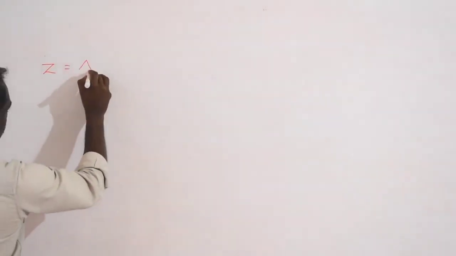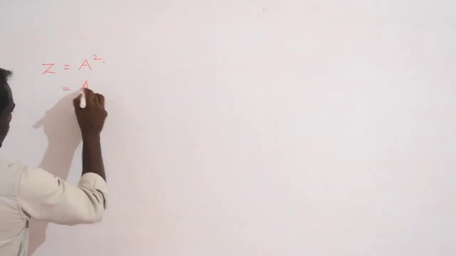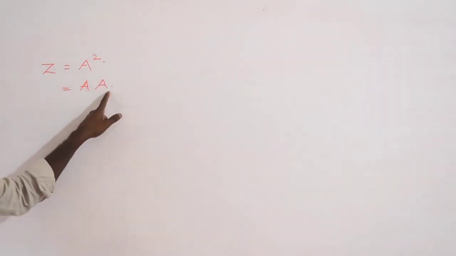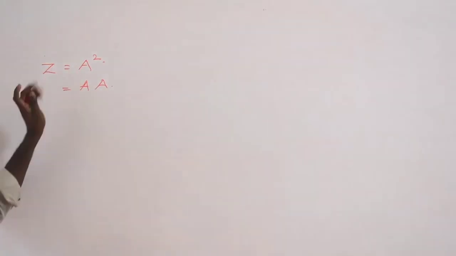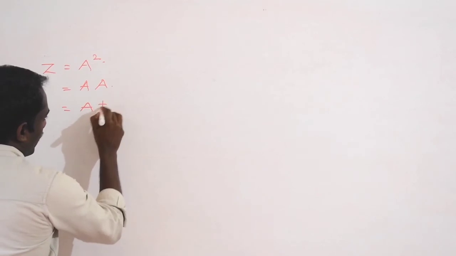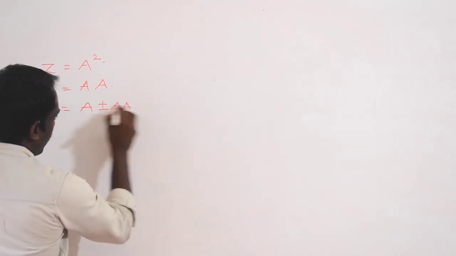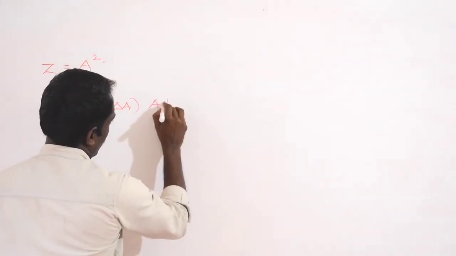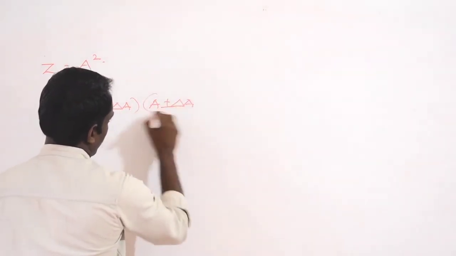Error in case of a measured quantity raised to a power. Suppose the result quantity Z is equal to a square, and this a square can be written as a into a. Now this is the product form, a product of a measured quantity. And how can we write this? a can be written as a plus or minus delta a, and the other a can be written as a plus or minus delta a.